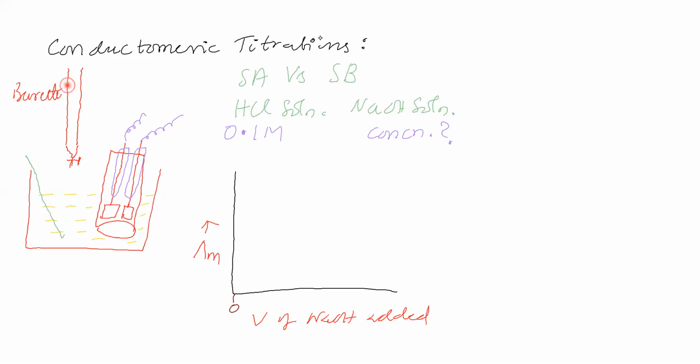Using this conductivity cell, you find the molar conductivity. Suppose the molar conductivity value is this much. Okay, now let us add a certain amount of sodium hydroxide from the burette.